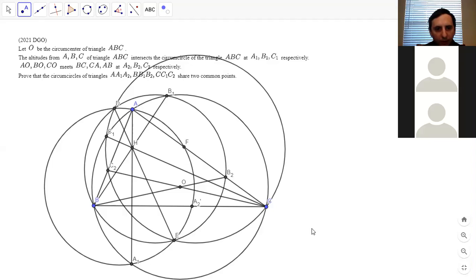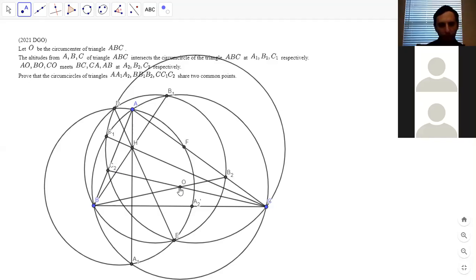Is there any other way to calculate A2 prime AC? Can we use similar triangles somehow? So what are the similar triangles? What was it? So AHB is similar to AO.